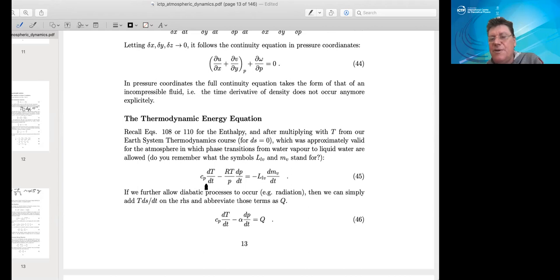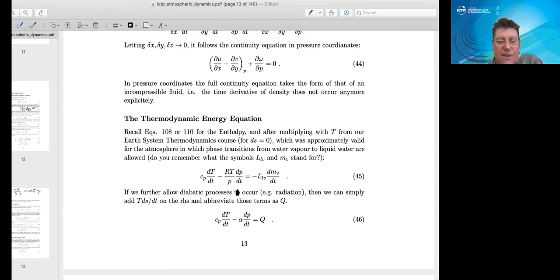Remember that from your thermodynamics course, these Legendre transformations of the energies. So this is just the rate of change of enthalpy for our parcel. And as you can see already, temperature is not a conserved quantity.